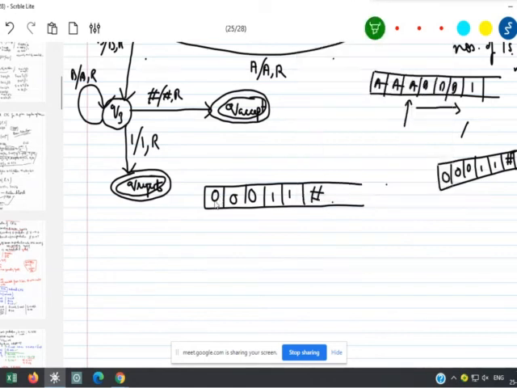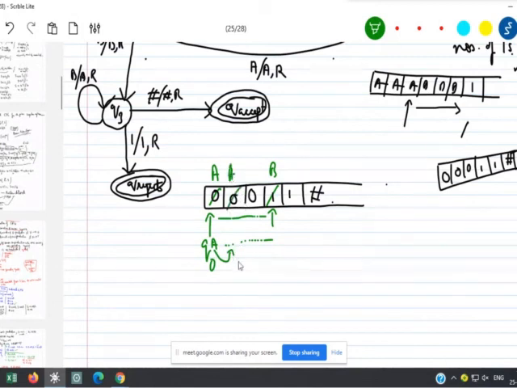At first, it starts from Q naught. If you find 0, replace by A, and then keep on scanning till you find the first A. If you find this first A, replace by B, and then keep moving towards the left side till you find A. Once you find A, keep moving towards the right side and then replace this one by A.